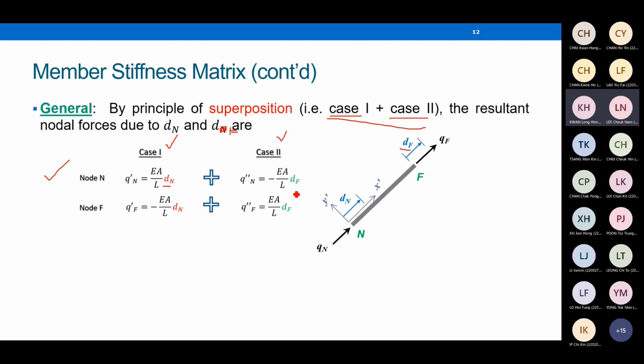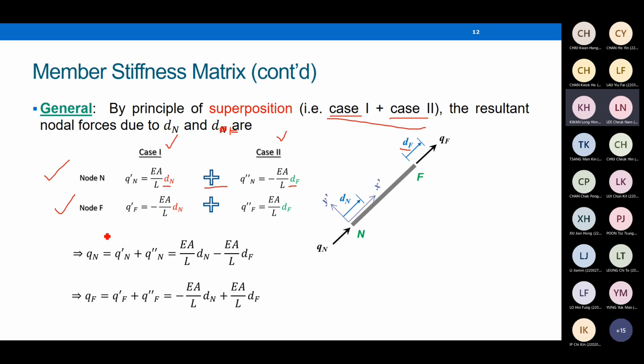From case two, you can find the expression due to dF. Now you can superimpose them, add them up together. Then it becomes the equation of QN due to dN and dF. Similarly, you can use the same concept at node F. This becomes our final equations.